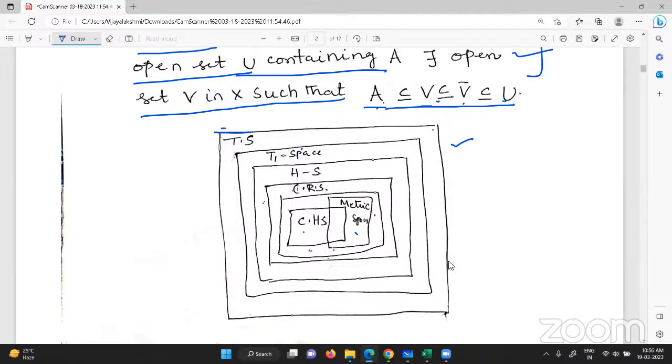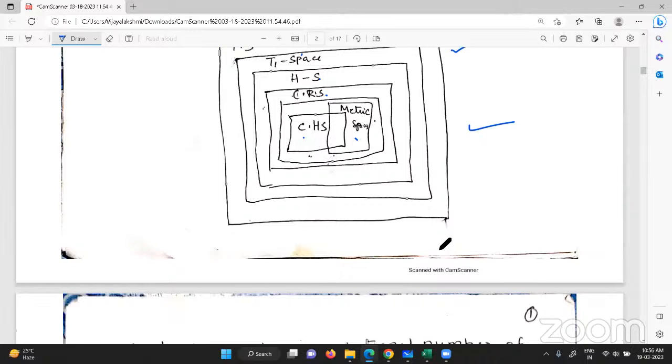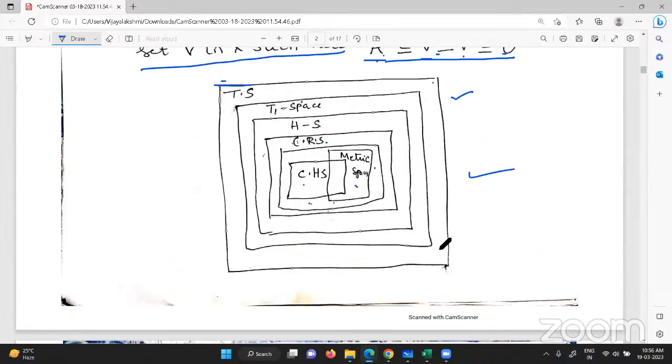These are all T1 spaces. So this will give you the complete picture. Just go through this once, and have an idea about the relations between T1, Hausdorff, completely regular, normal, and metric spaces.